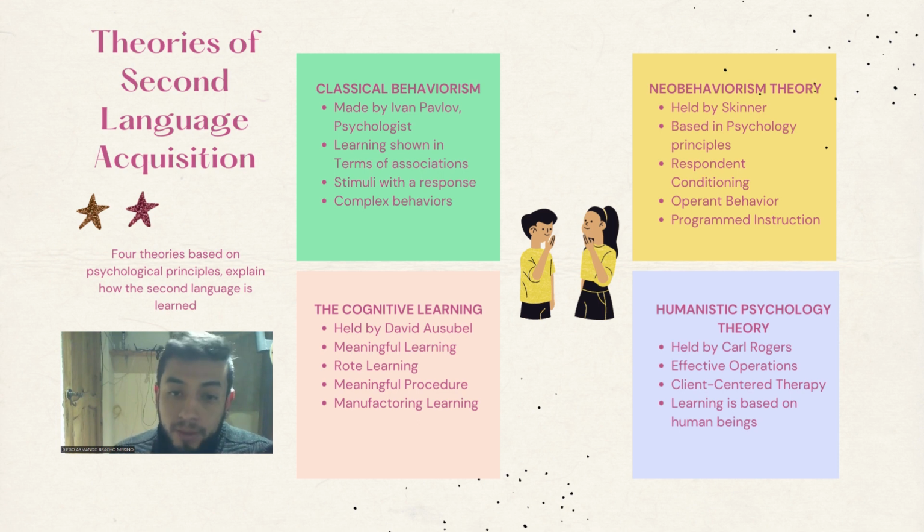So in this theory, the psychologist Skinner designs a special language teaching method that is known as programmed instruction. In this teaching method, the learning process is given in the way that first simple facts about the information are given, and to conclude, the difficult ones.